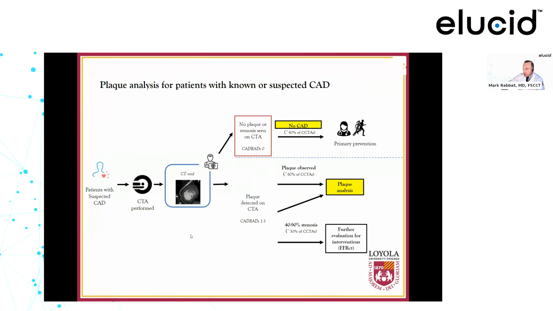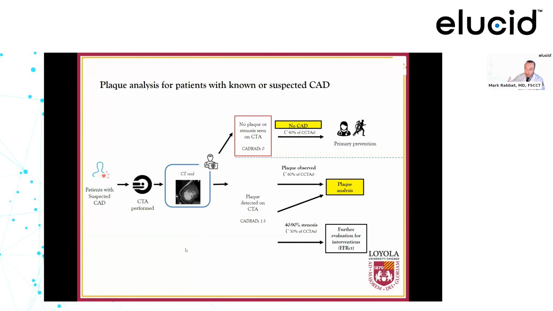So this is a flow chart of when to consider performing plaque analysis and FFRCT. So if you take patients with a suspected coronary disease, they undergo a CCTA, which is endorsed as a class 1A indication according to the ACC/AHA guidelines. You read the CT, you don't identify any plaque or stenosis, or CAD-RADS of 0, primary prevention.